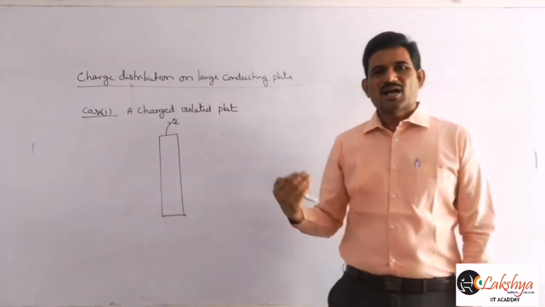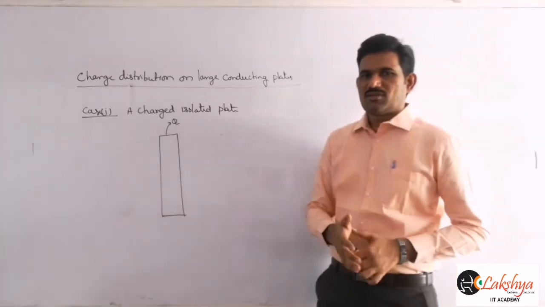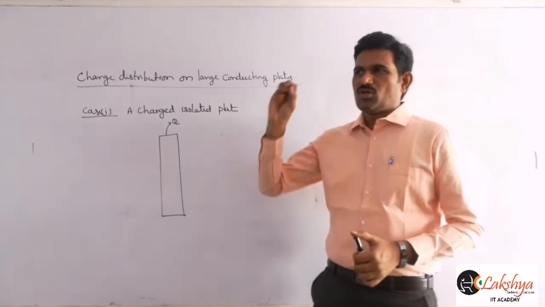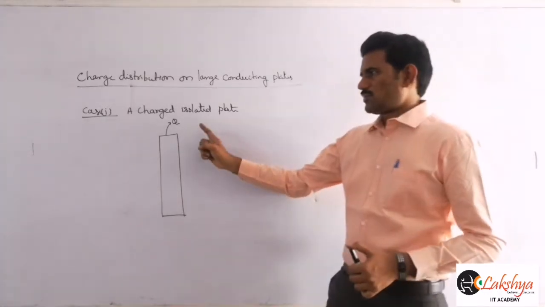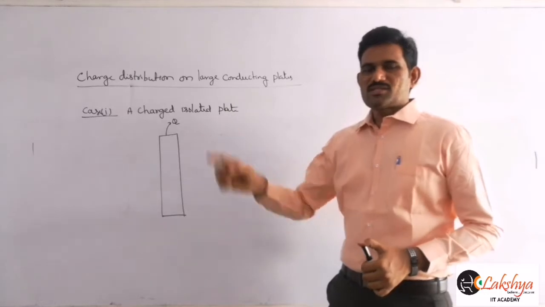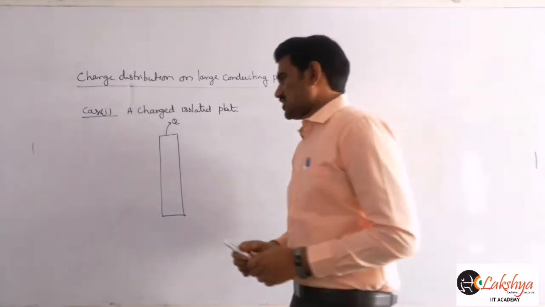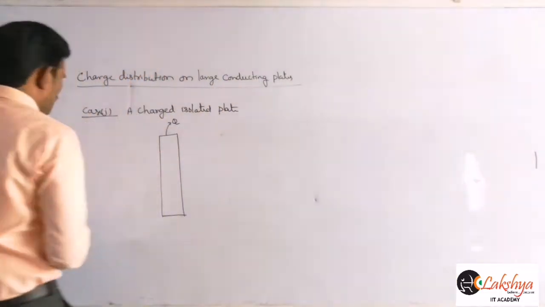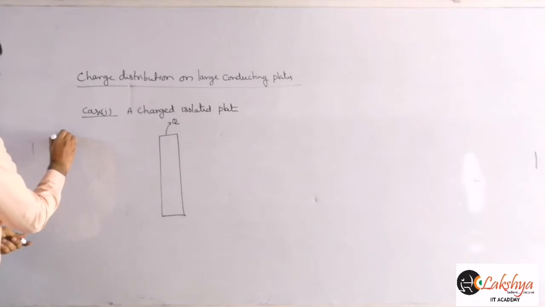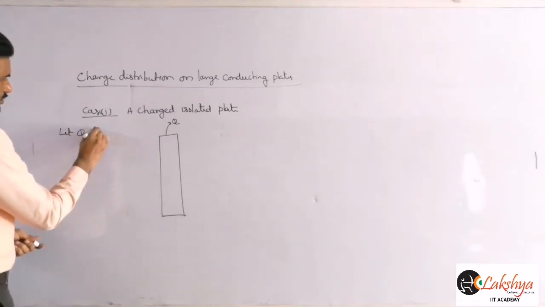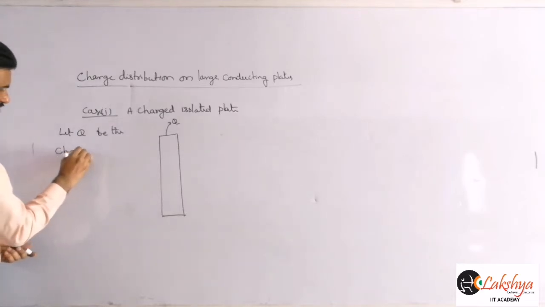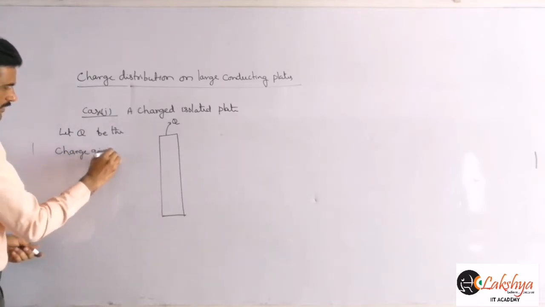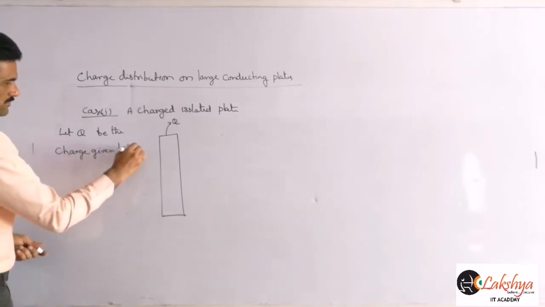Now let us see how the charge is distributed. Suppose to that plate we are giving a charge Q. Let Q be the charge given to the plate.